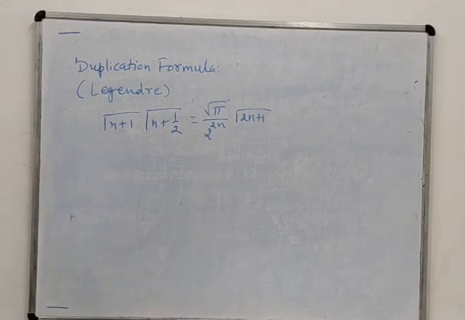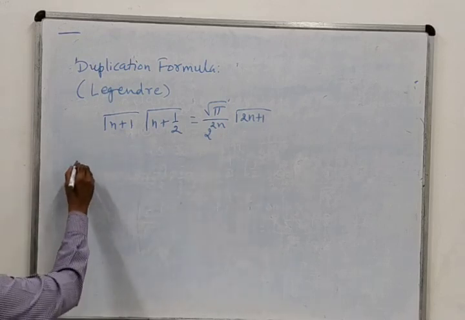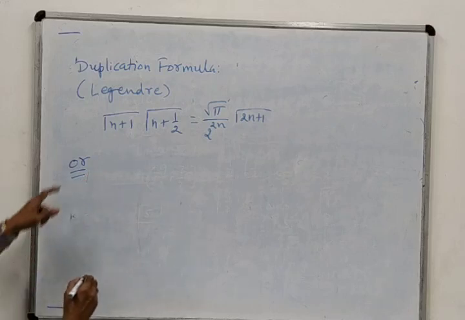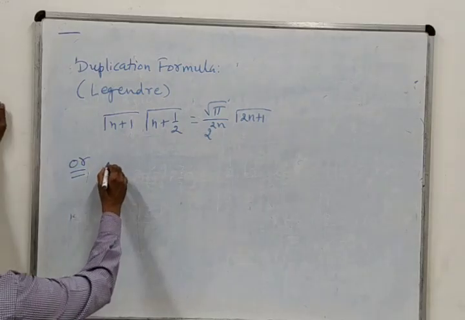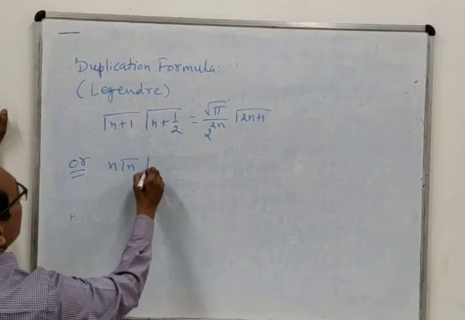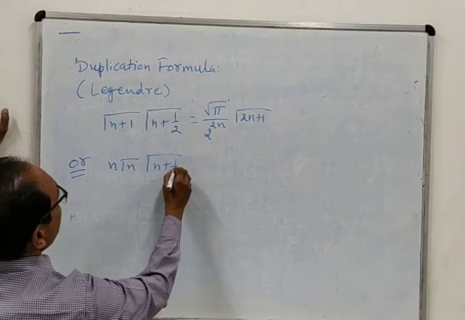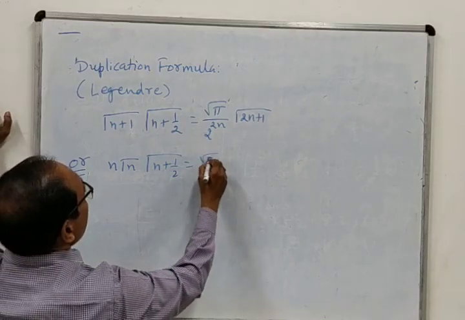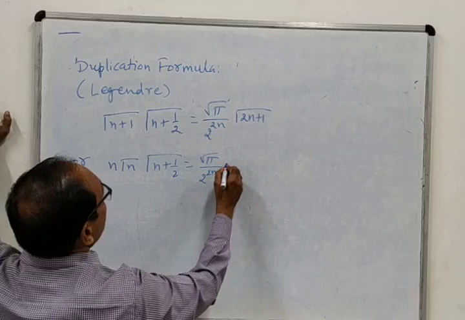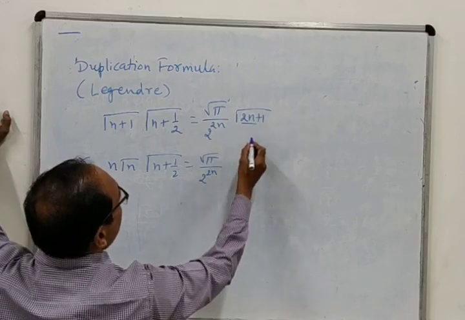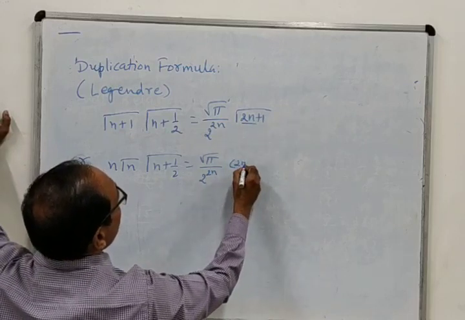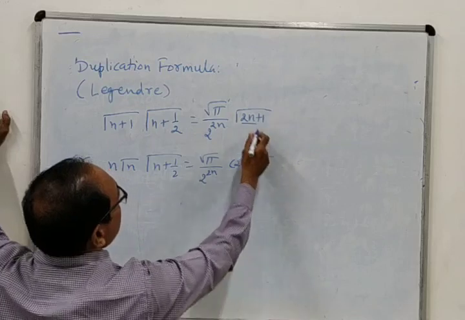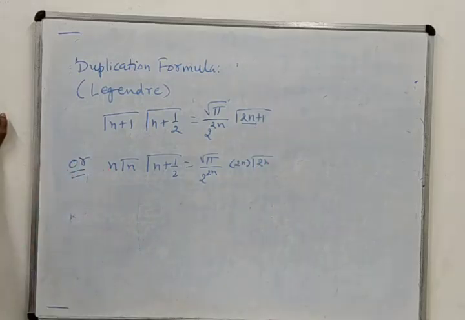So this formula can also be put into a simplified form because we know that gamma n plus 1 equal to n gamma n. Okay. N plus 1 half we will keep as it is. Root pi upon 2 raised to 2n into gamma 2n plus 1, which is written as 2n into gamma 2n.